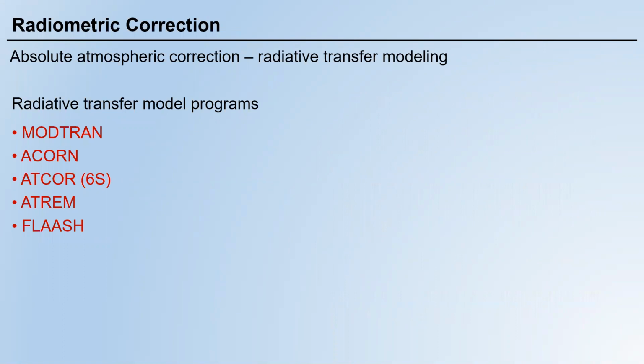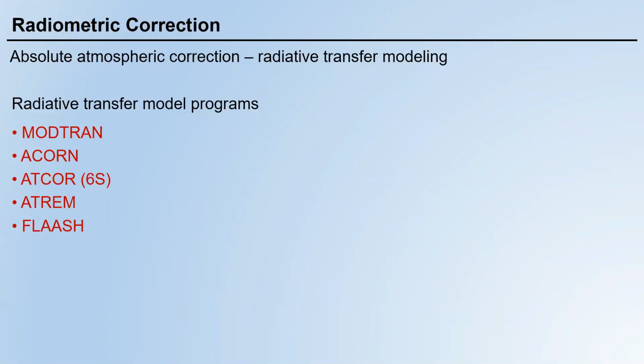We're going to use radiative transfer models to quantitatively address the rationale of EMR transmittance in the atmosphere. So here is a list of famous radiative transfer model programs. They can be used to address the accurate transmittance process of EMR in the atmosphere.